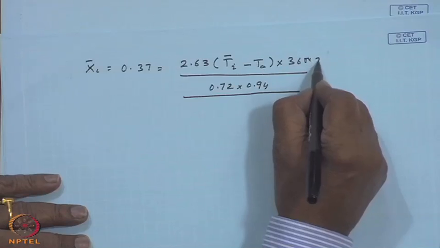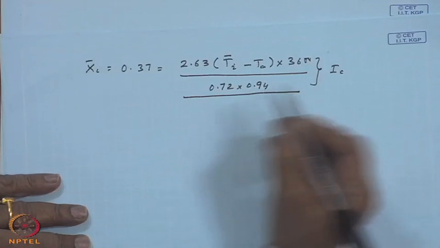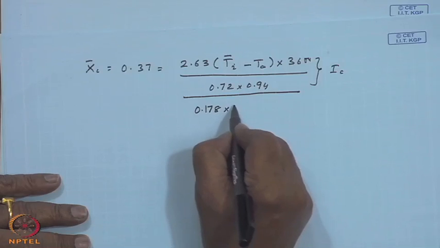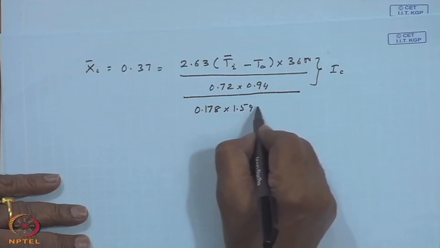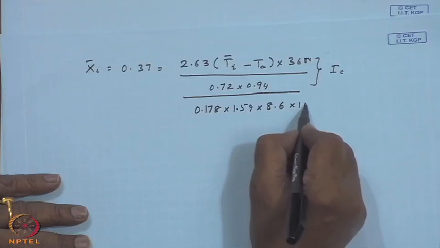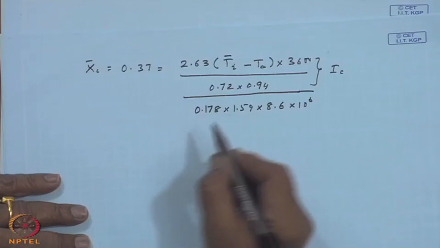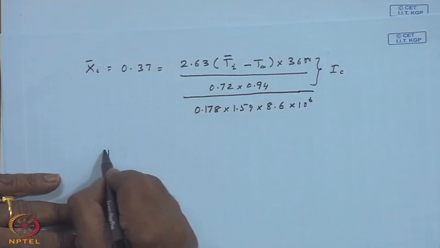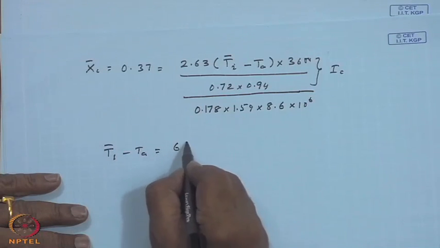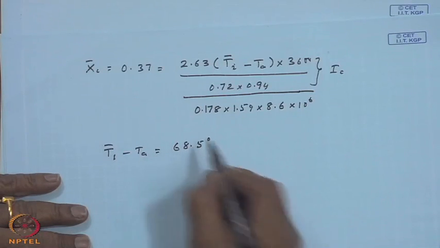This whole thing is I c by I t noon R T n R n times 8.6 into 10 to the power 6 to make it joules. So, my T I bar minus T A equal to 68.5 degrees.